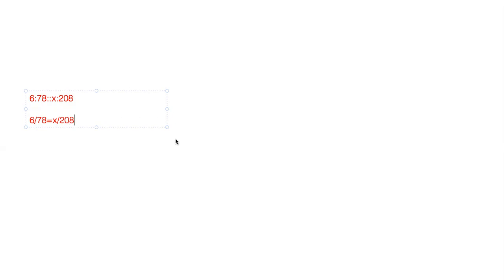Okay, so the first thing that we want to do with this problem is cross multiply. So 6 times x, 6 times 208, and 78 times x. So when we do 6 times 208, we get 1248.